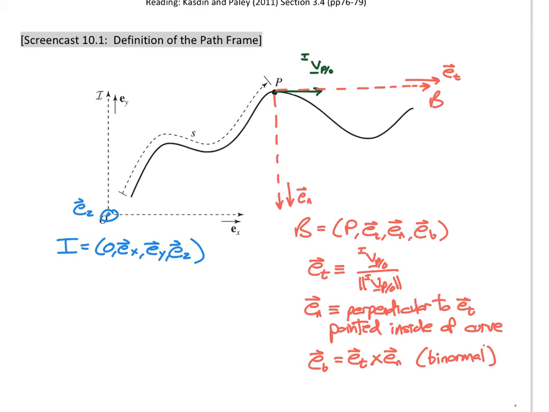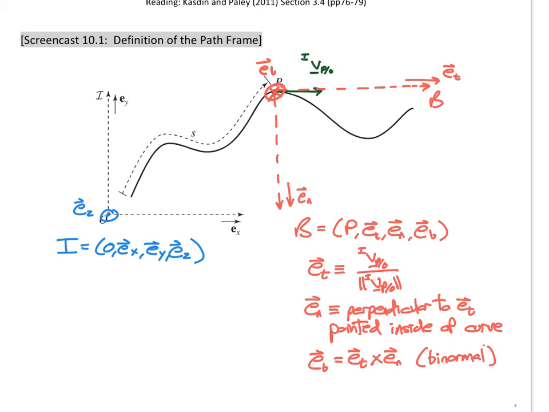So for example, in the location that we see here of our particle, in which we have E sub t pointing roughly to the right and E sub n pointed down, when we cross E sub t with E sub n, then we're going to get a vector, a binormal vector, pointed into the page.